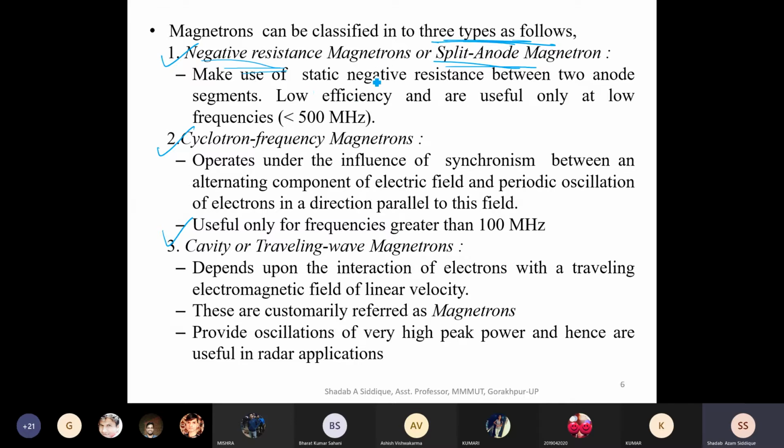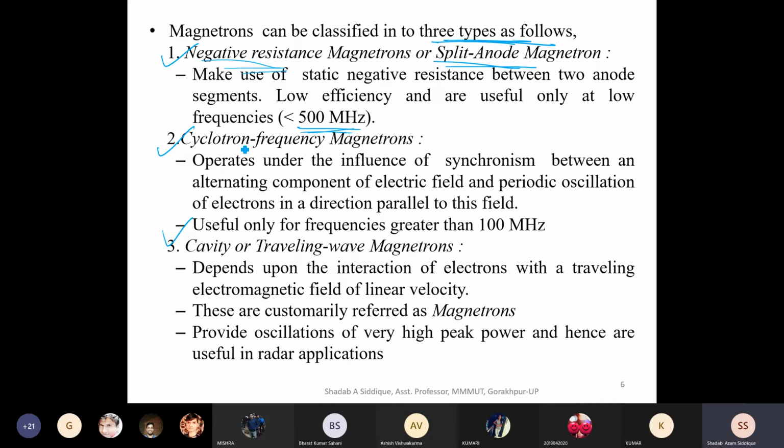This type of magnetron has negative resistance between two anode segments, and the efficiency is low. It is used for low frequency applications, less than 500 megahertz. It is not widely used, though maybe we can use it for laboratory purposes.